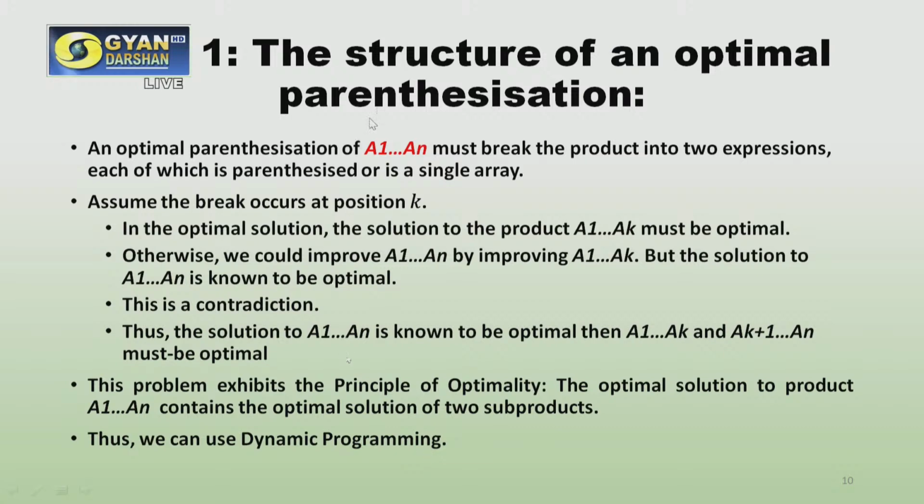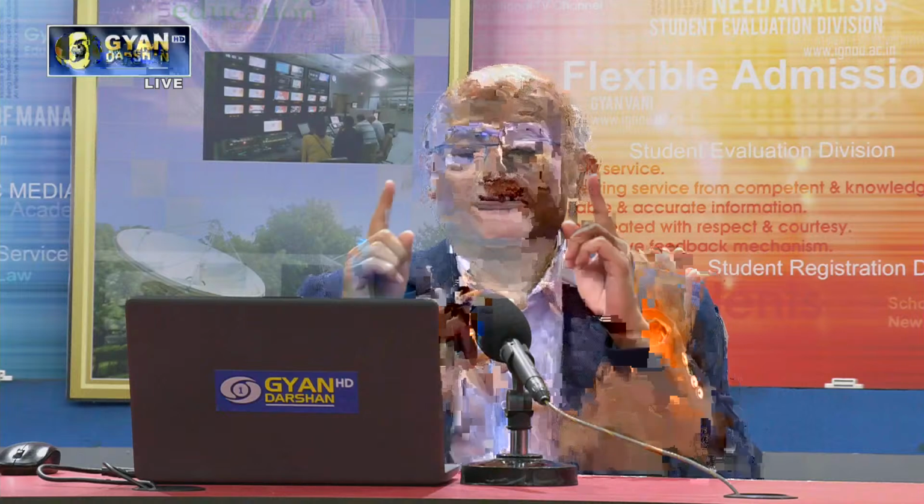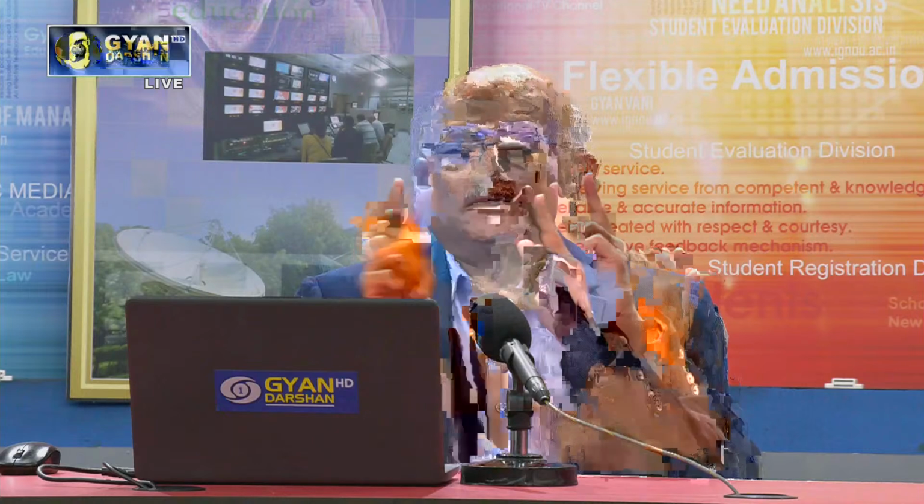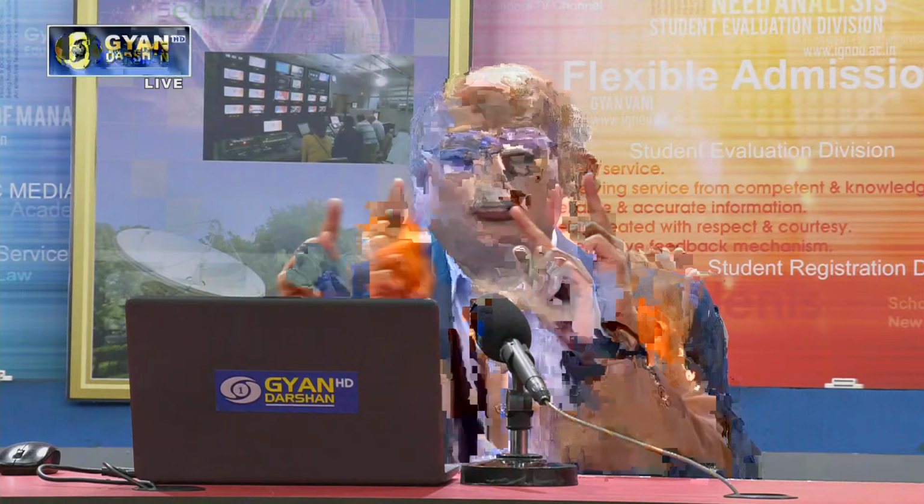In the first case, we are just trying to prove whether we can apply dynamic programming or not, by proving the principle of optimality. What we have used is the law of contradiction. Very simply, if multiplying A1 to AN is an optimal way, an optimal parenthesization, then A1 to AK also has to be optimal. If it is not, then we can always improve that multiplication. That is what the contradiction was.